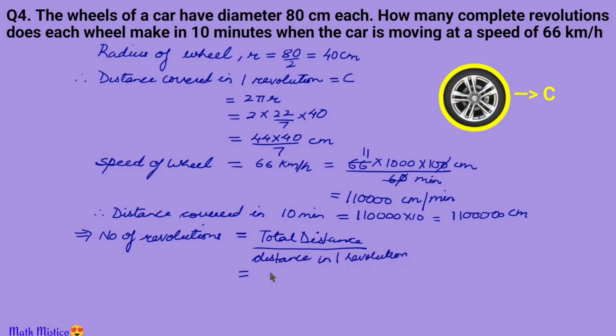So it will be 110000 upon this. Now as it is a fraction, its numerator will come in the denominator, 44 into 40, and the denominator 7 will go up and multiply in the numerator. So let's cancel the various terms which can be cancelled, and multiplying the remaining numbers, we get the number of revolutions is 4375. Clear?